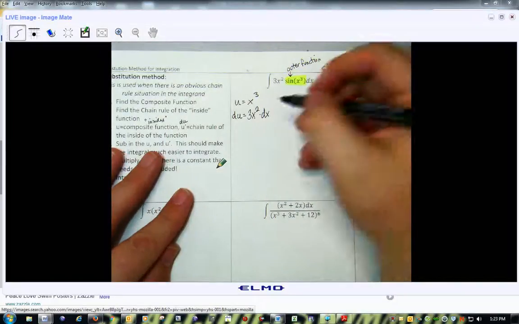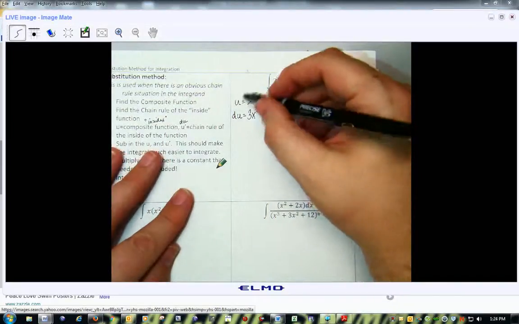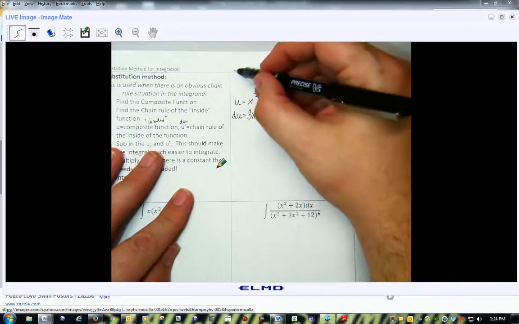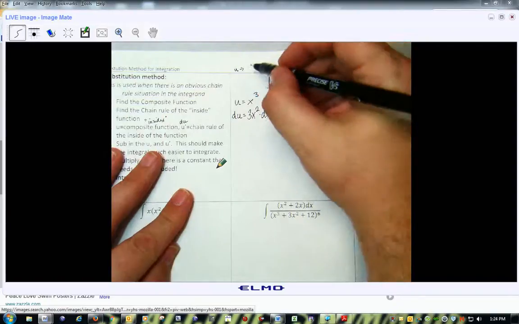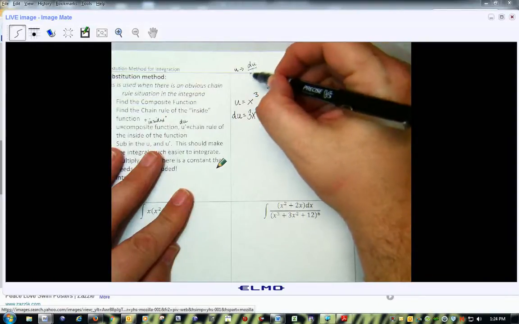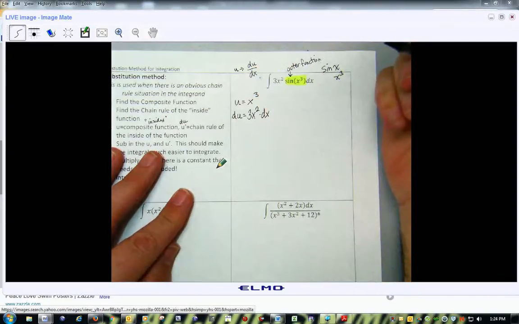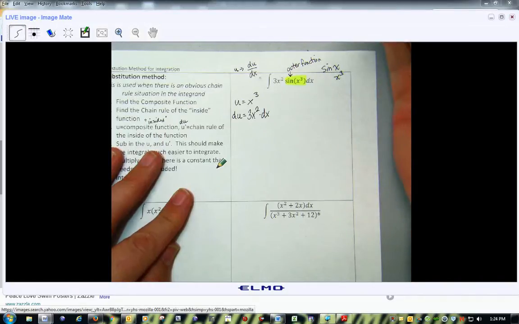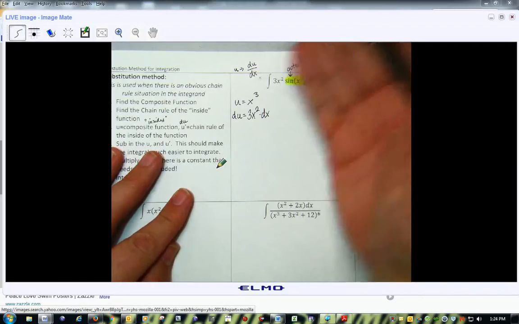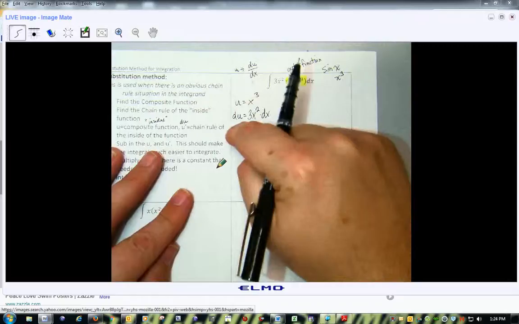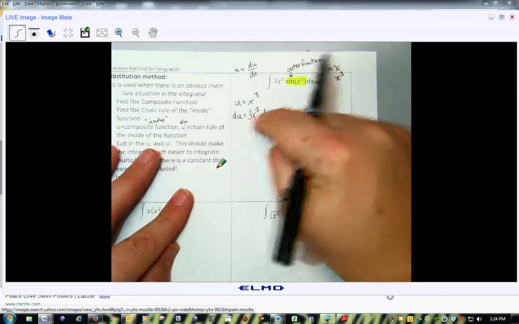Now, this is key. The dx is always key, because if we were going to take the derivative of u, we would go du dx, the derivative of u with respect to x, which is what we've done with every derivative. Except they're separable, which means I can multiply both sides by dx, and I got that here.